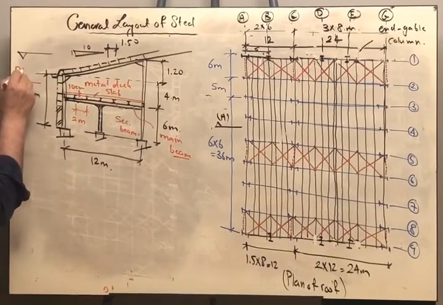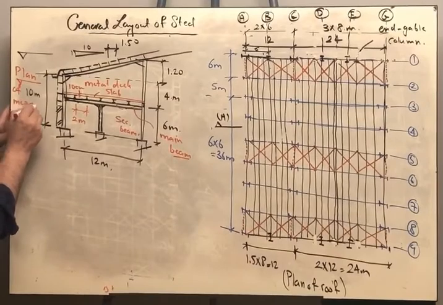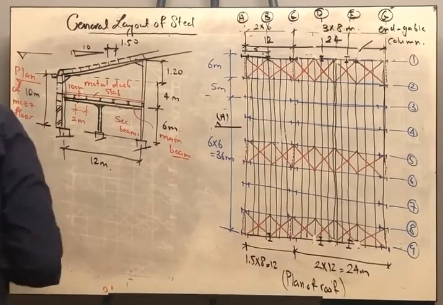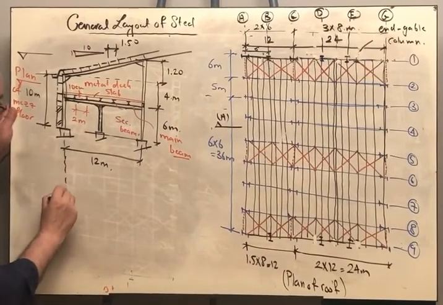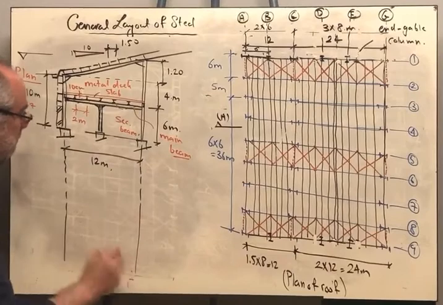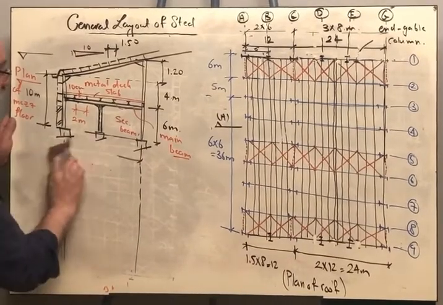This is the plan of the mezzanine floor. How would this look like? Then this is our plan. Let me remove the 12.